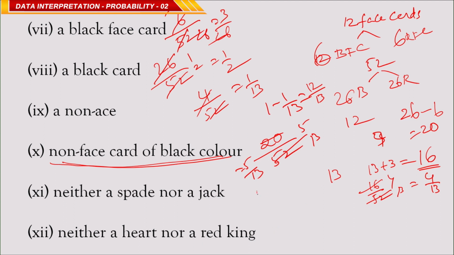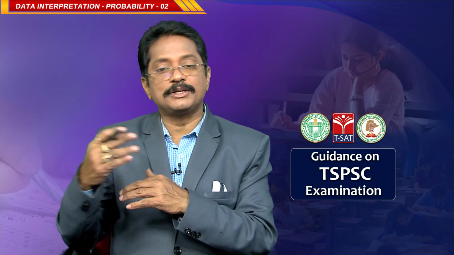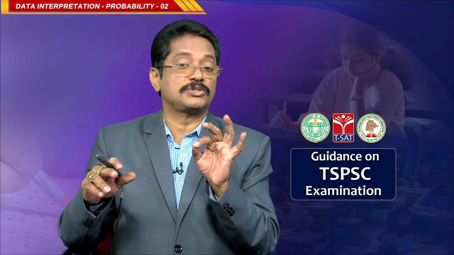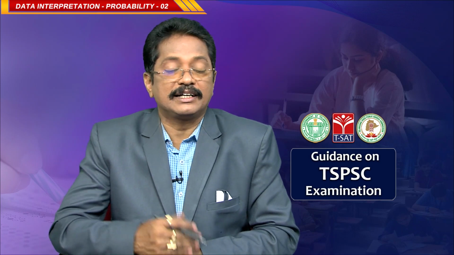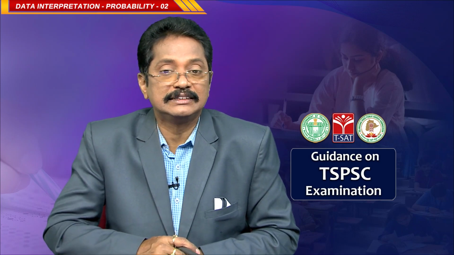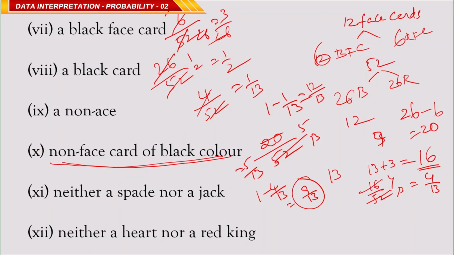So we can say 1 minus 4 by 13, which is 13 minus 4, 9, so 9 by 13. See, sometimes instead of calculating directly, you can calculate using the complementary event, which is simpler. So it saves your time and gives a simple way to get the answer.